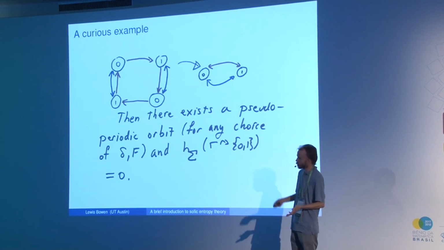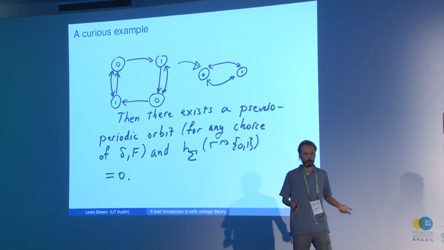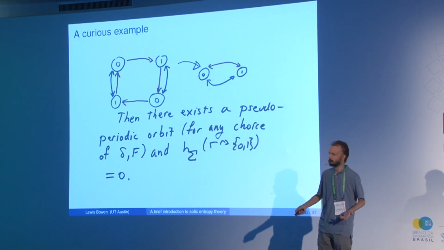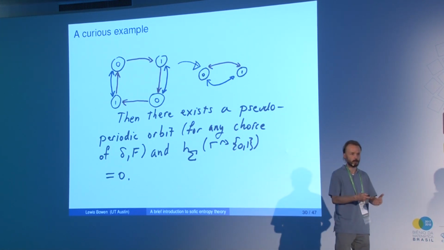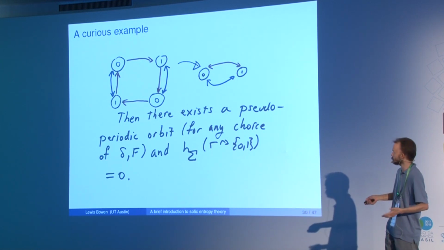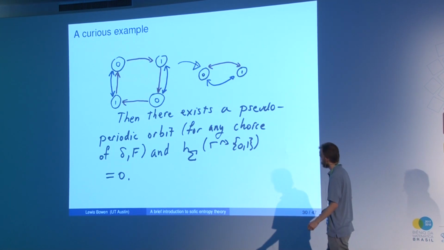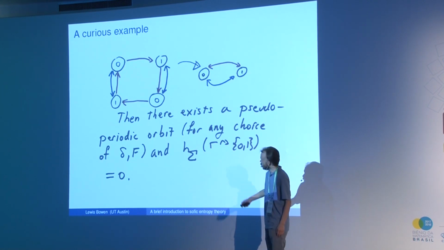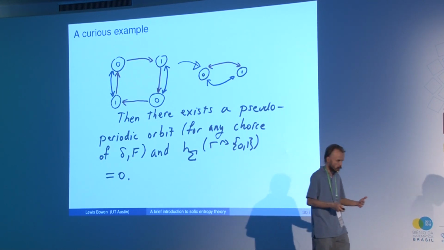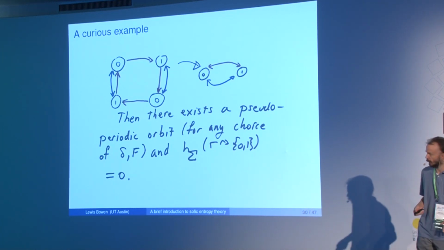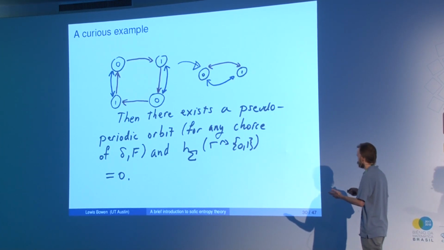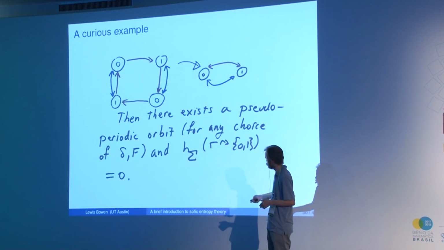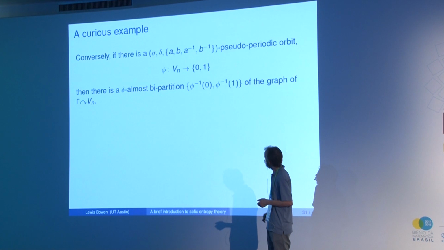Well, then there exists a pseudo-periodic orbit. In fact, there exist periodic orbits, right? I can just map 0 to 0, 1 to 1. And that takes red arrows to red arrows, blue arrows to blue arrows. It's okay. And in fact, there's only 2 periodic orbits, and the number of almost or pseudo-periodic orbits is going to be growing very, very slowly, and you can check that the entropy is 0.